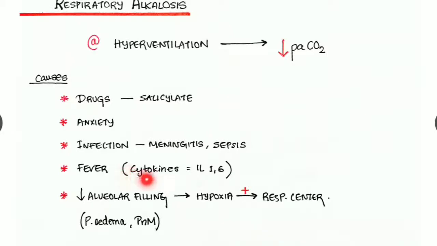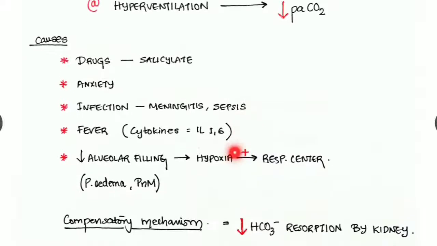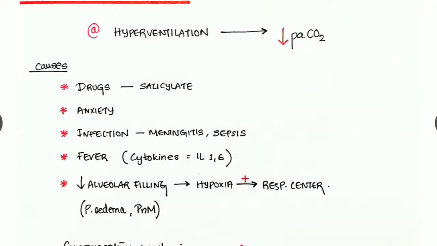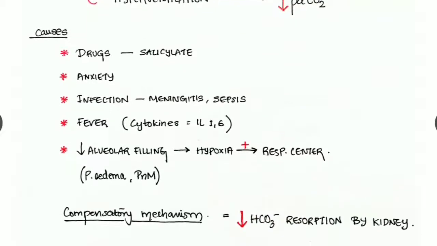The mediators are cytokines like interleukin 1 and 6. And in case of reduced alveolar filling due to pulmonary edema, pneumonia, etc. So this reduced filling causes hypoxia. This hypoxia activates the respiratory center to increase the respiratory rate, causes hyperventilation, and washes out this carbon dioxide.